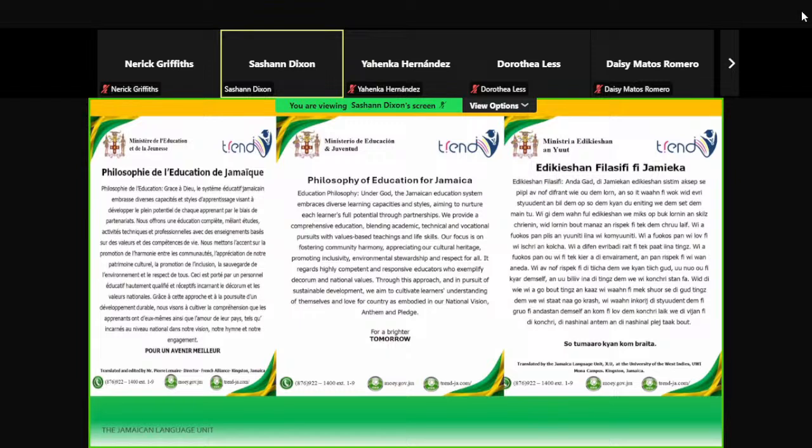So this that you're seeing on the screen, this was a request from Dr. Martha Corbett-Ball. She had asked the Jamaican language unit to translate this mission statement into Jamaican. So the one that's on the far right, that is the Jamaican translation. Now, is there anyone who would be confident enough to attempt reading the first line, first sentence?